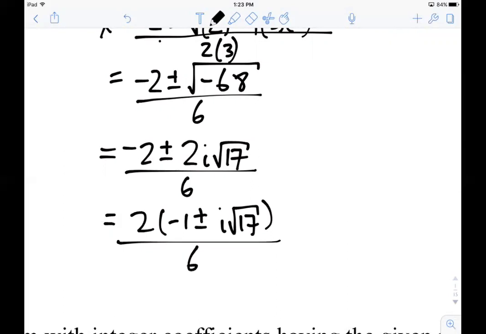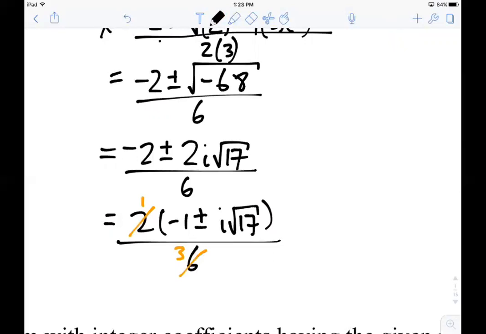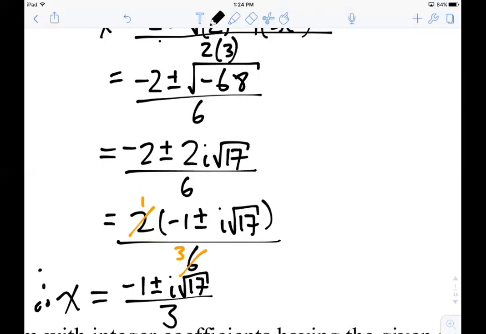And the reason why that's useful to me, of course, is because now I can divide the top by 2 and leave a 1, and divide the bottom by 2 to reduce it to a 3. So now in the end, I have negative 1 plus or minus i root 17 all over a denominator of 3. And that is the simplest way that I can write both of my solutions all in one simple statement.